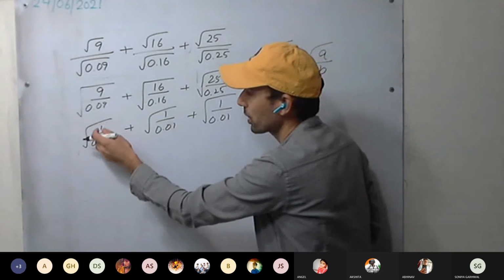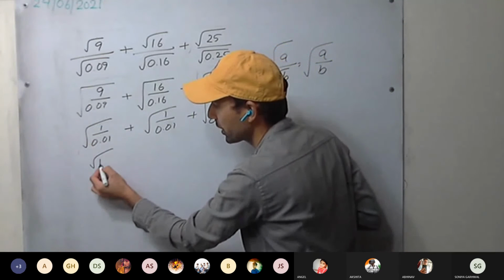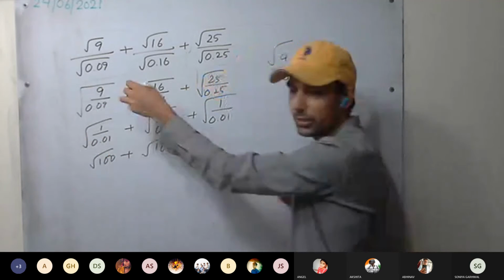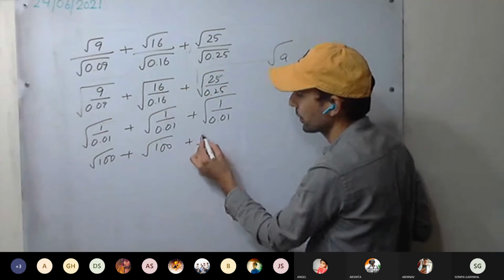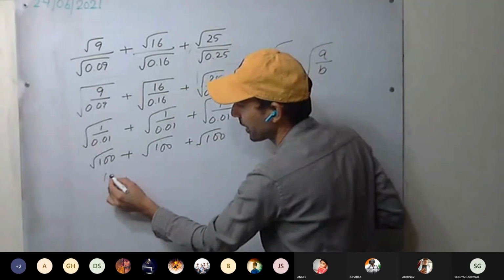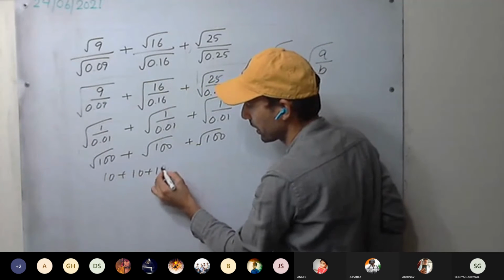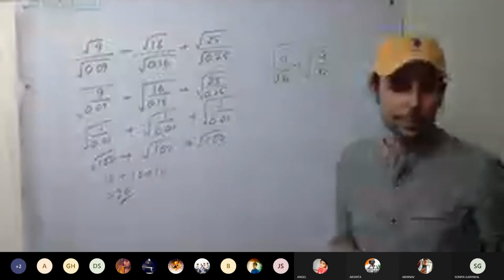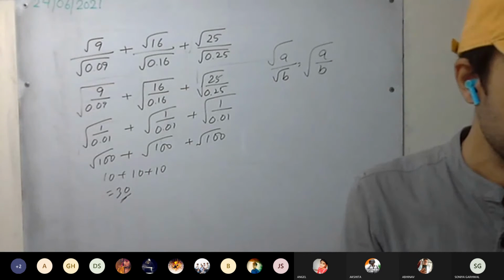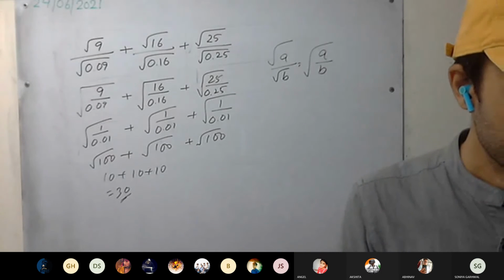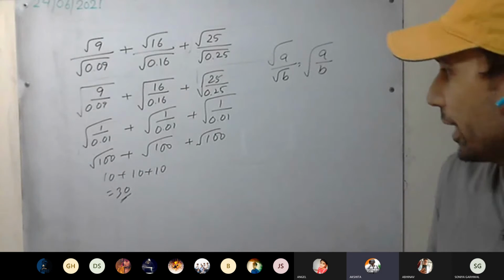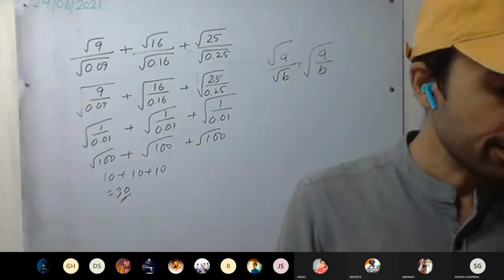Or it will be root of 100 plus root of 100 plus root of 100. 1 divided by 0.01 is 100. It is 10 plus 10 plus 10, equal to 30. This is clear to all? Yes, sir. Okay.